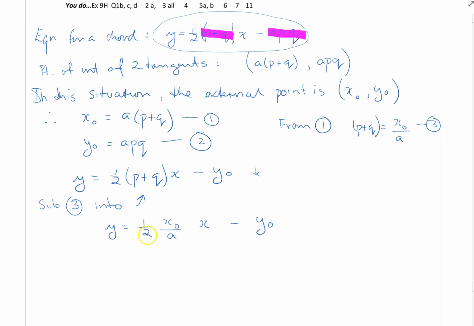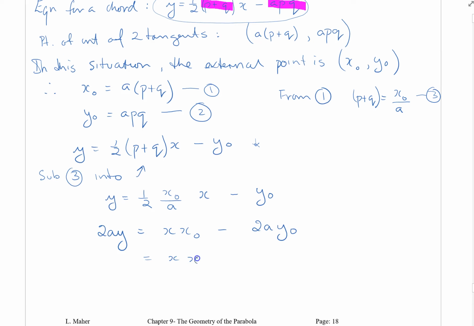I've got a term here with 2a in the denominator, so I'm going to multiply all my terms by 2a and get 2ay is x naught x minus 2ay naught, multiplying every term by 2a.